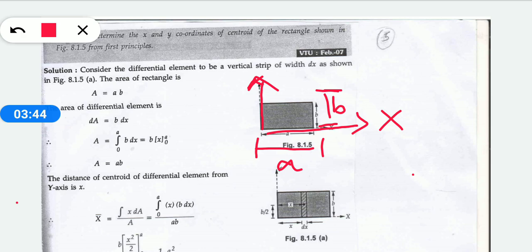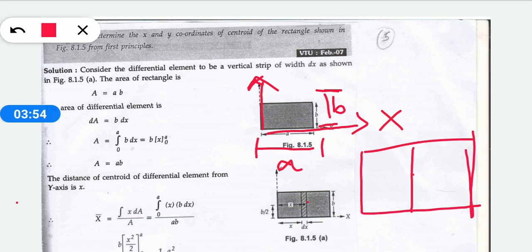Okay, see, this is your whole element. I'm going to convert this element into a small strip. So if this is the rectangle, I'm just taking one strip from this. That strip I'm marking like this. For this I'm taking the height as b, the same thing, and the x distance of your strip is dx.